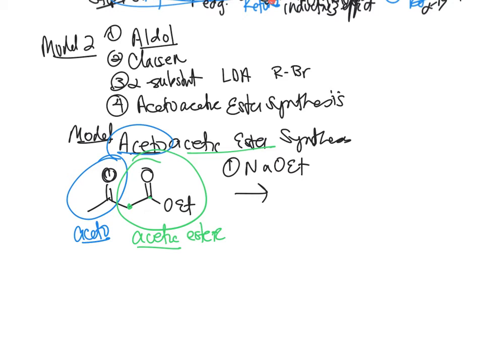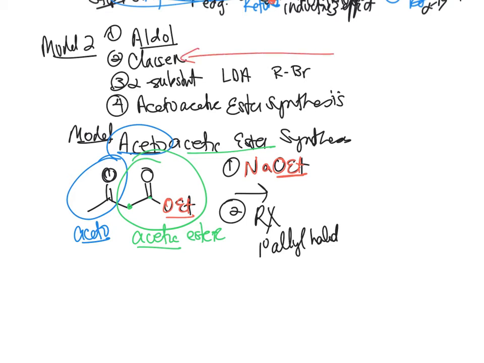Okay, once again, what base are we using? These are all using bases for our reagents. The sodium ethoxide, because this is our base. We don't want transesterification. And then the second thing you're going to do here, the second step will be the RX, okay? So this is going to be your primary alkyl halide. So you've seen this. We're combining what you saw here in the Claisen, and also number 3 with the alpha substitution.